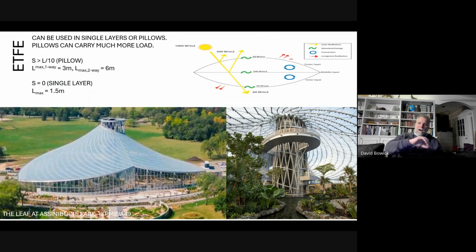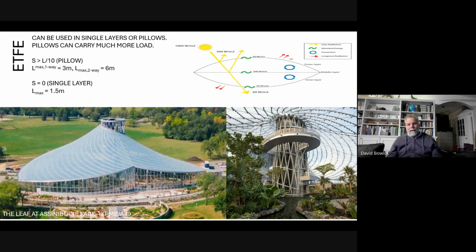Fabrics rely on curvature to withstand load. That was my sag diagram, and you could see that the higher the sag, the more load it can carry. Or the higher the sag, the lower the fabric stress under a given load. For ETFE, we need a fairly tight curvature in order to be able to sustain significant load.